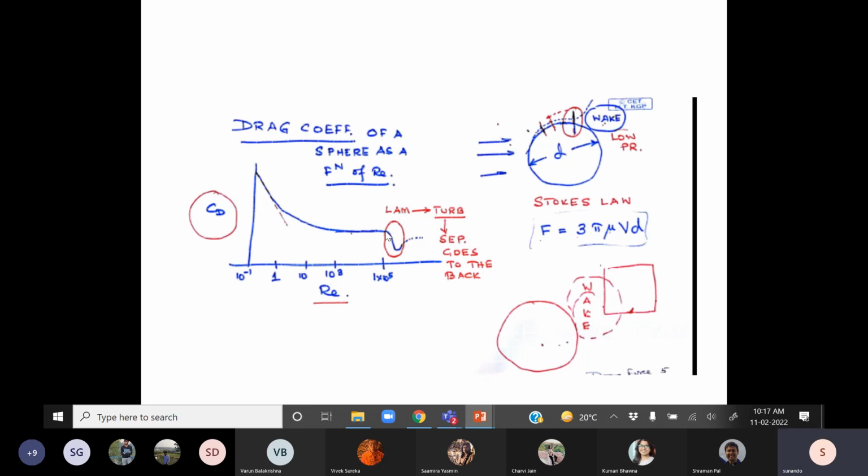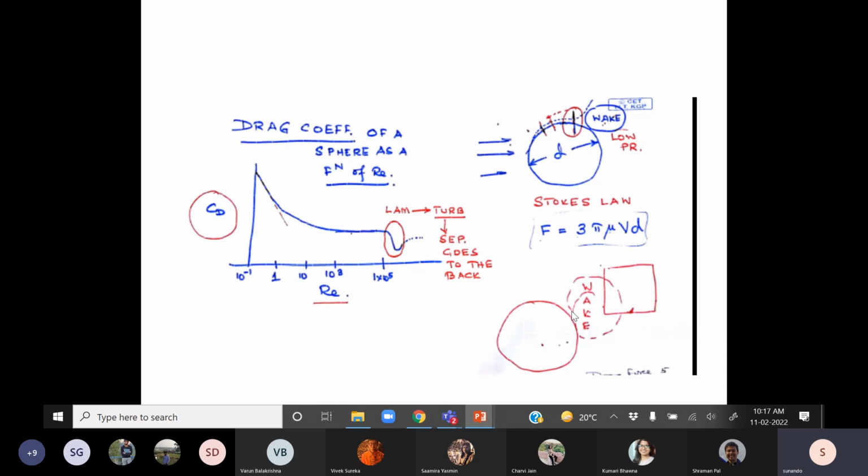But what we see here is that the experimental value of CD for a sphere as a function of Reynolds number shows a sharp fall in its value as we move from laminar to turbulent, but then it starts to increase.